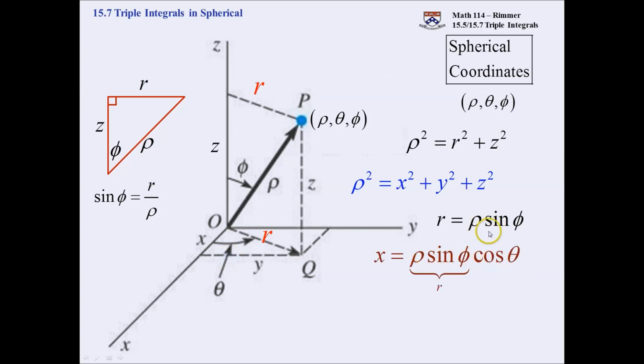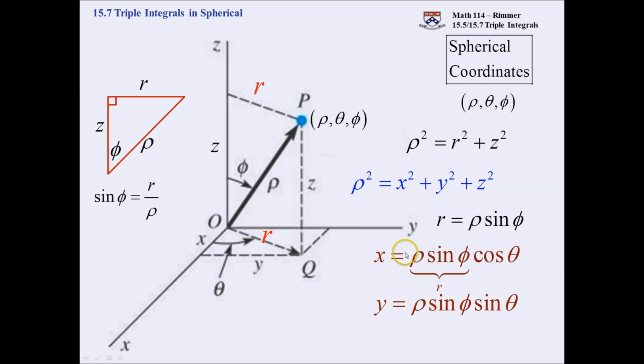Well, the r will get replaced now by rho sine phi. So x is rho sine phi cosine theta. Remember y? It's r sine theta. Well, now it's going to be rho sine phi sine theta, because that's what r is.